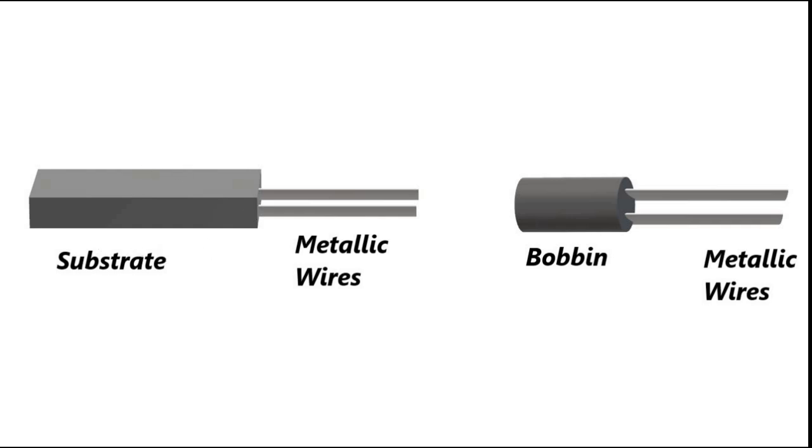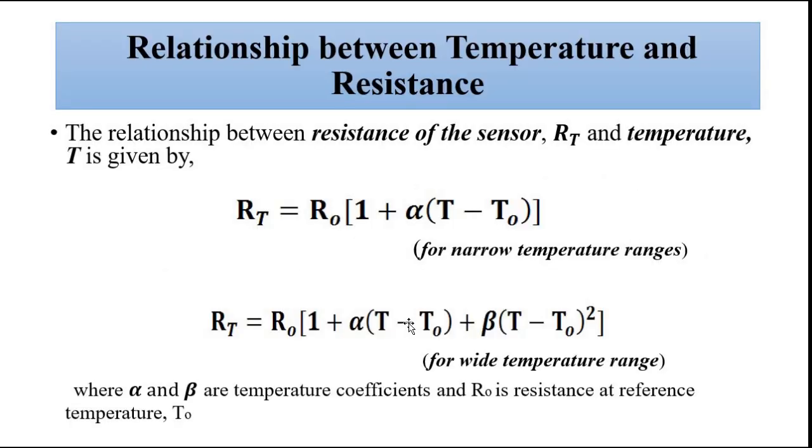What is the relationship between temperature and resistance? Here the relationship between the resistance of the electrical resistance thermometer RT and temperature T is given by this. This is very important. There are two mathematical relationships. The first one is: the resistance of that particular thermometer at temperature T is equal to R0 into (1 plus alpha (T minus T0)).